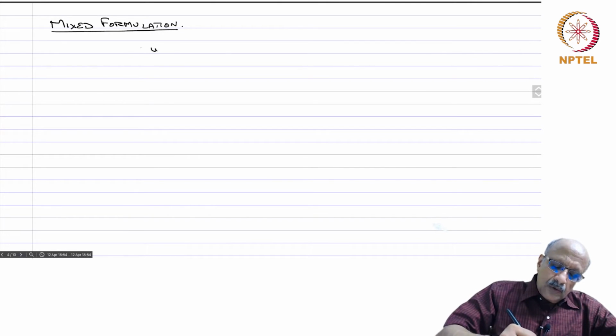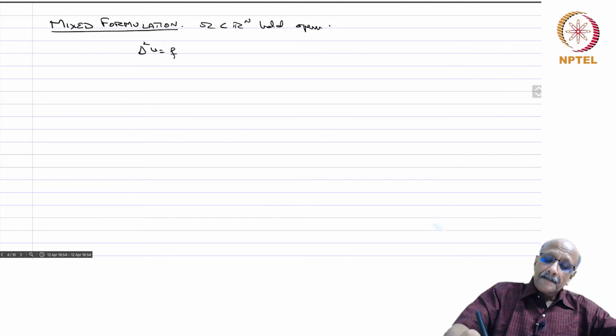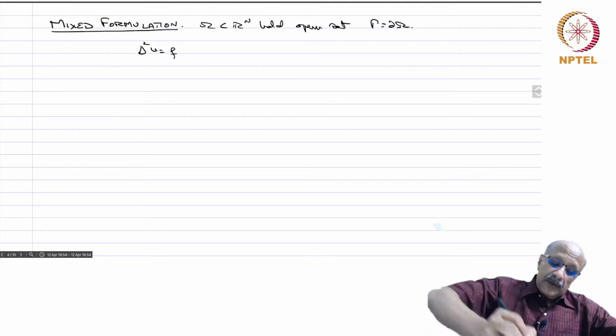Delta squared u equal to f, so omega in Rn a bounded open set and gamma equals boundary of omega.